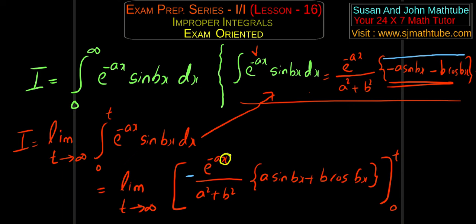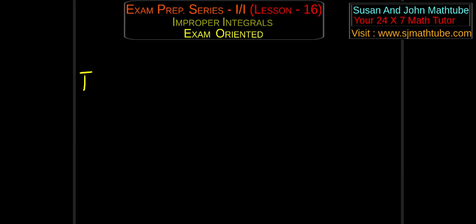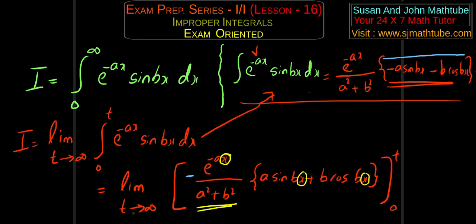And I'll put some yellow circles wherever you have this x. And we can keep this minus 1 by a square plus b square outside the limit. So basically we end up with minus 1 by a square plus b square. I'll show you that step once more.